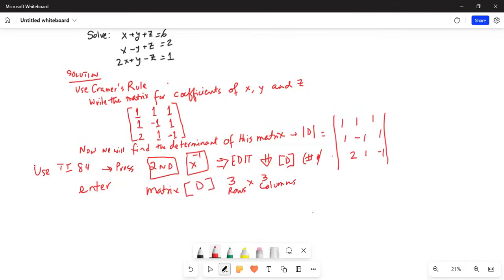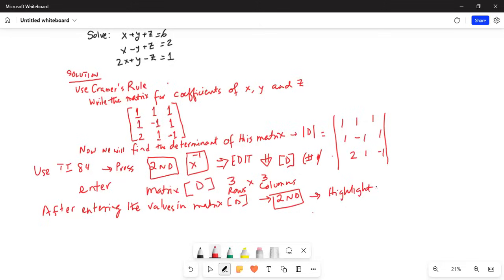After entering the values in matrix D, highlight math in the top row and hit enter.